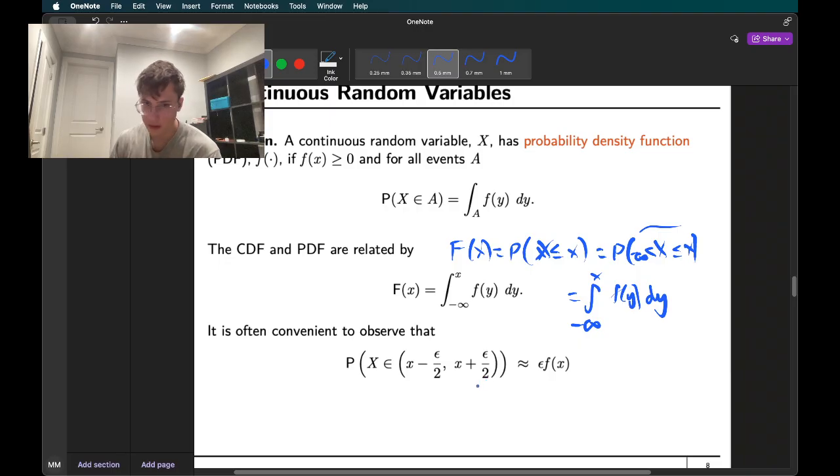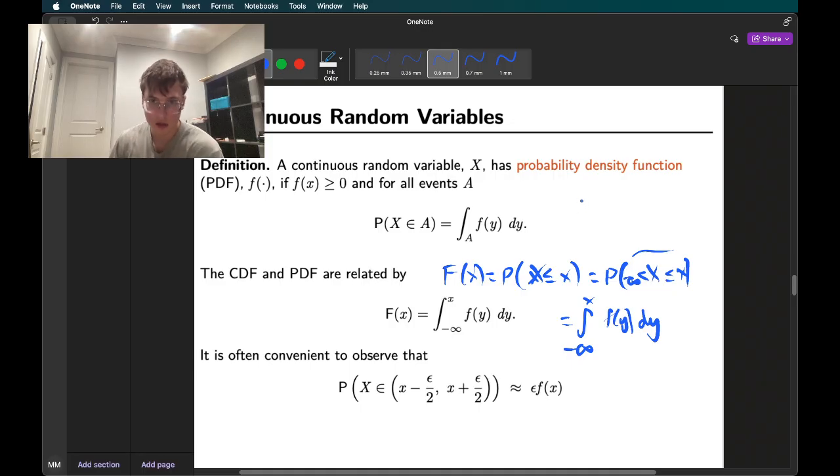So the thing is, it's a continuous random variable, so the probability density function is a continuous function. Let's just say it's like the normal one.